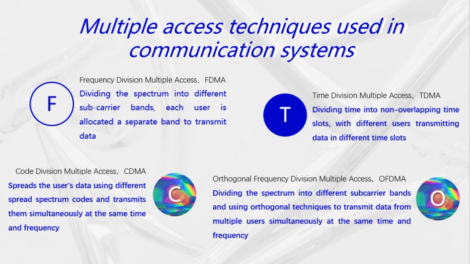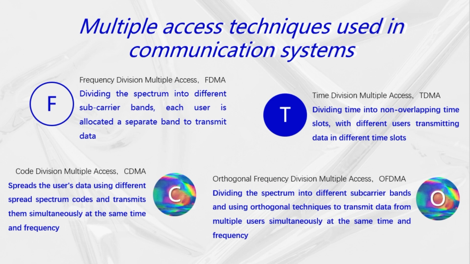The second is TDMA, time division multiple access, dividing time into non-overlapping time slots, with different users transmitting data in different time slots. The third is CDMA, code division multiple access, spreading the user data using different spreading codes and transmitting them simultaneously at the same time and frequency.